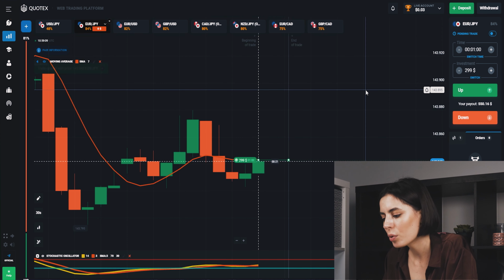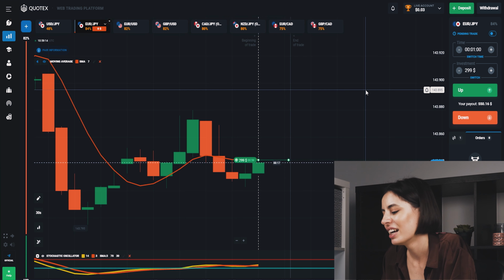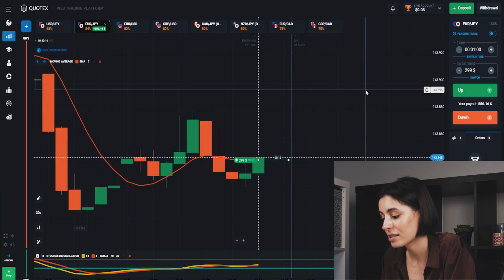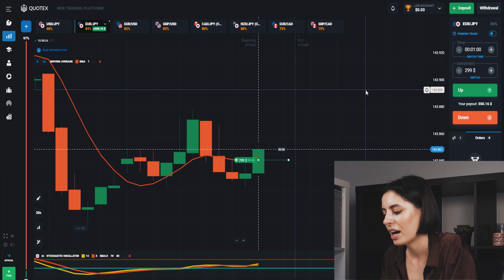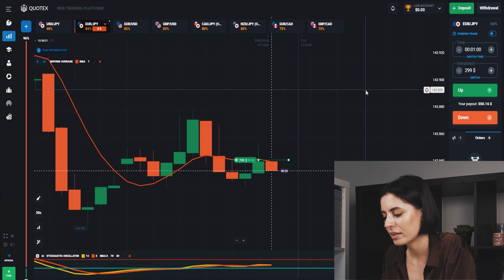So again, I don't know why, but we are so lucky with these flat lines of the stochastic oscillator, and it means that there's high volatility on the market. I made my bet, and I made it for an upward movement. Why? Because I had already seen that trend. The moving average shows us that we have some smooth rising. So that's why I made it.